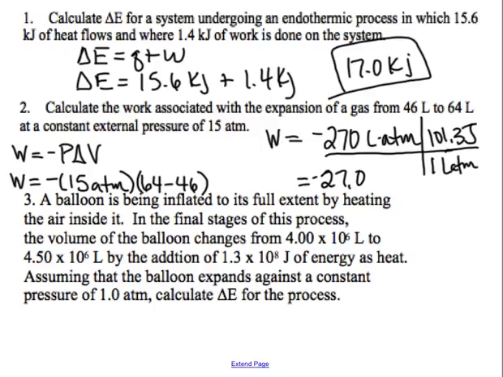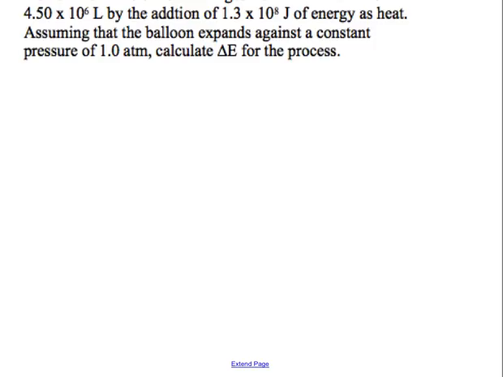Negative 27,000 joules of work. Well, let's think about it. Is it? Because kilojoules would be 27 kilojoules, right? Well, let's talk about that, because negative 27,000. Let's do it in something that you guys understand.